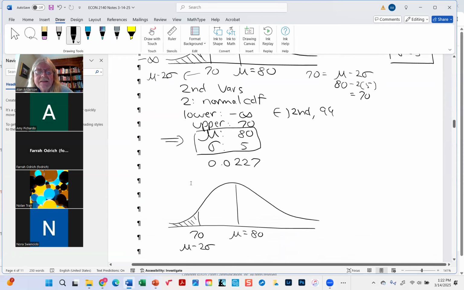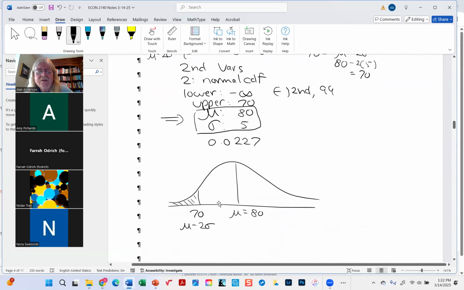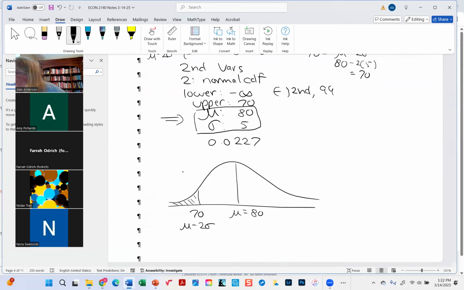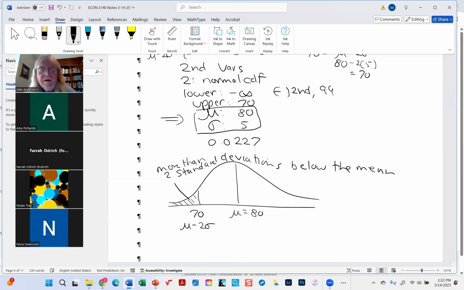So now you can see where this is going. Let's try. Yeah, so here I've illustrated once again. This is the area that's more than 2 standard deviations below the mean. All right.